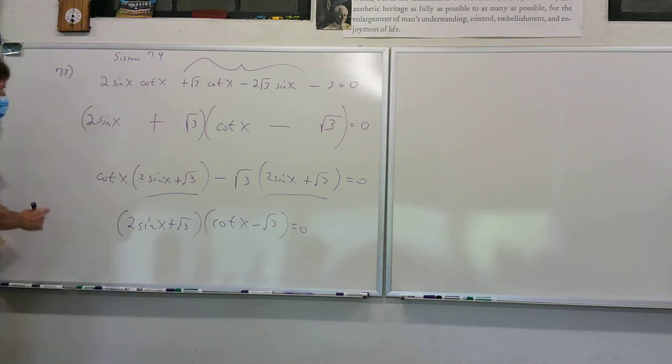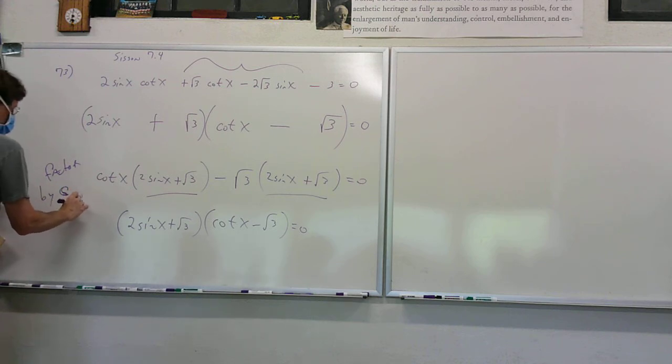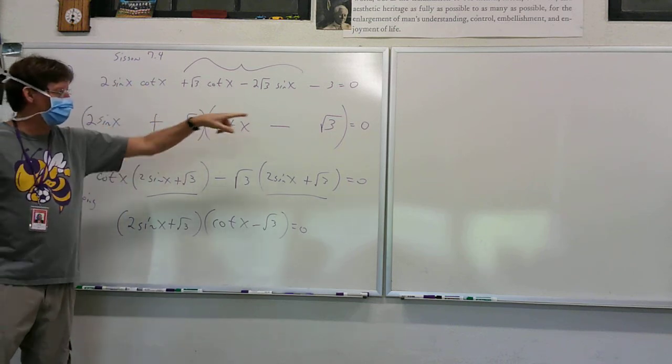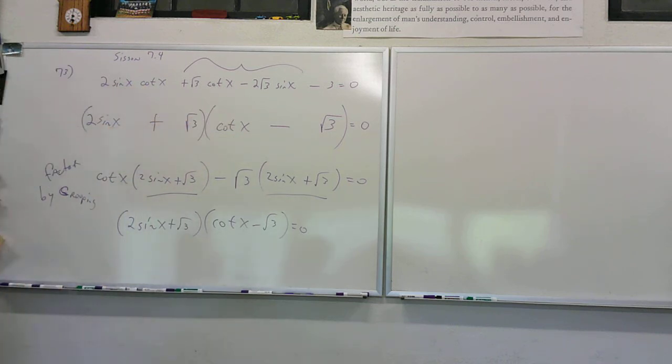That's called factor by grouping. And that's one of those things we teach you when you have 4 terms. If you ever have 4 terms, you can do factor by grouping. I didn't do factor by grouping up here. I just knew those two would give you that, square root of 3, square root of 3. But that's how you probably would be taught to do it.